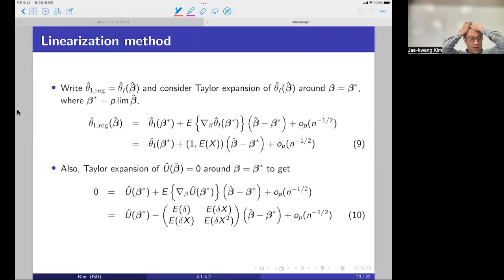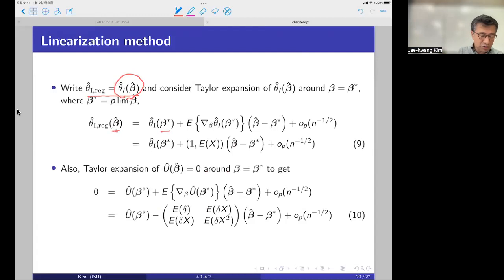We will use linearization, but it's not trivial. First of all, you need to express your final estimator as a function of the estimated nuisance parameter, and then you take the Taylor expansion around its limit.